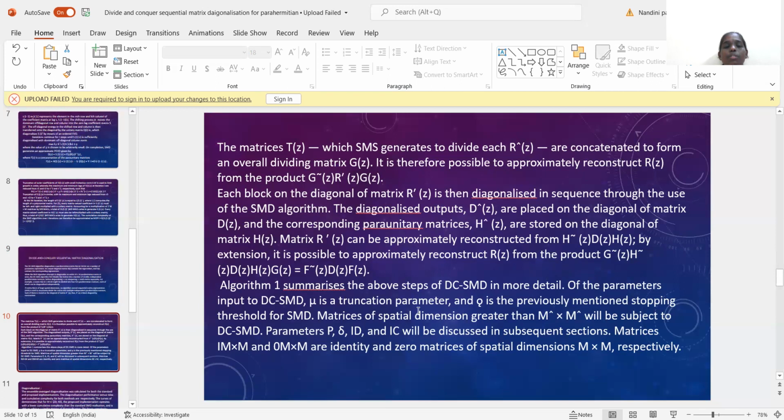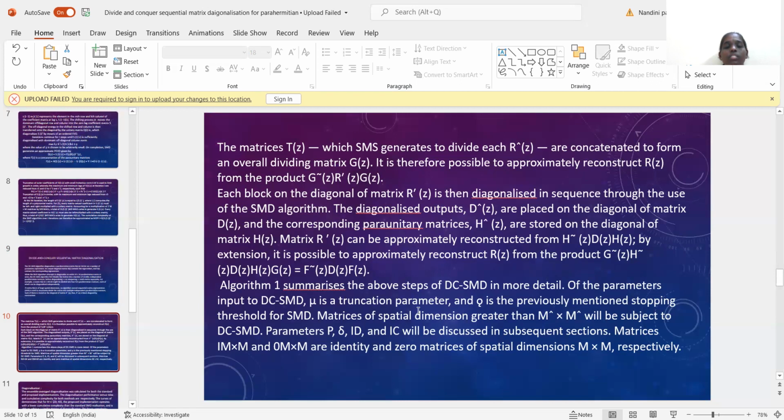It is possible to approximately reconstruct R(z) from the product H tilde(z), D(z), H(z), G(z), which equals F tilde(z), D(z), F(z).